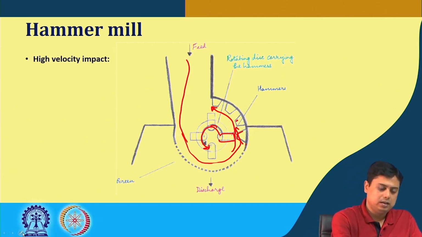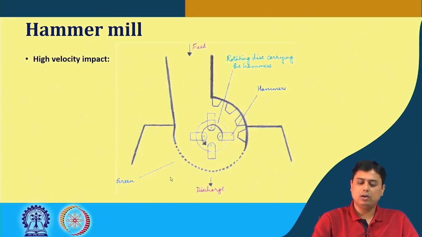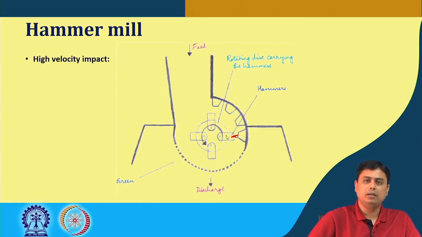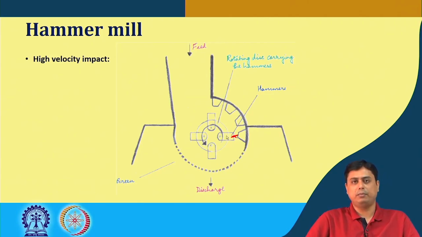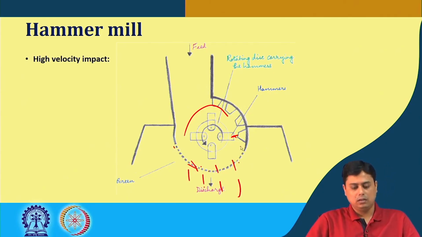Which means the particle sizes or the product sizes can be controlled by the gap between these two spaces, that is, the disc where the hammers are attached and the solid wall where these protrusions are there. Once it is fine enough, the finer particles are discharged, because at the bottom we have the screens.